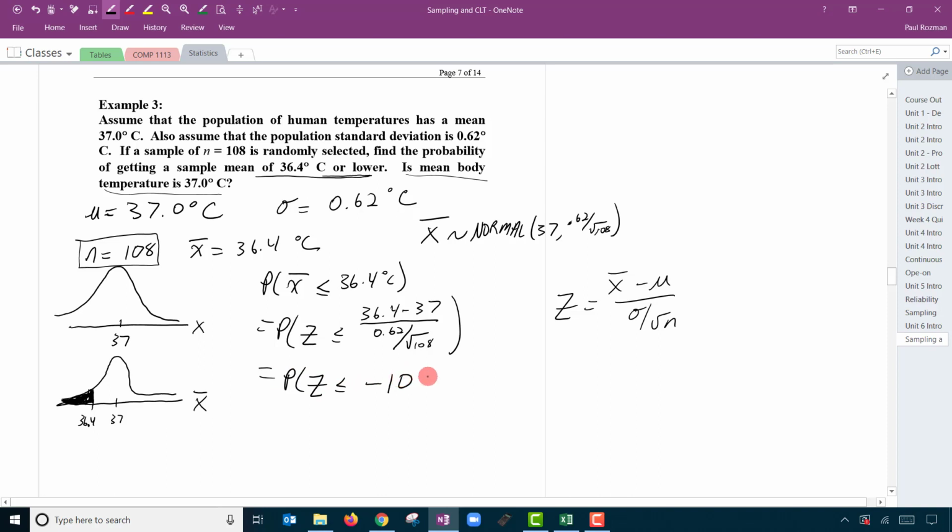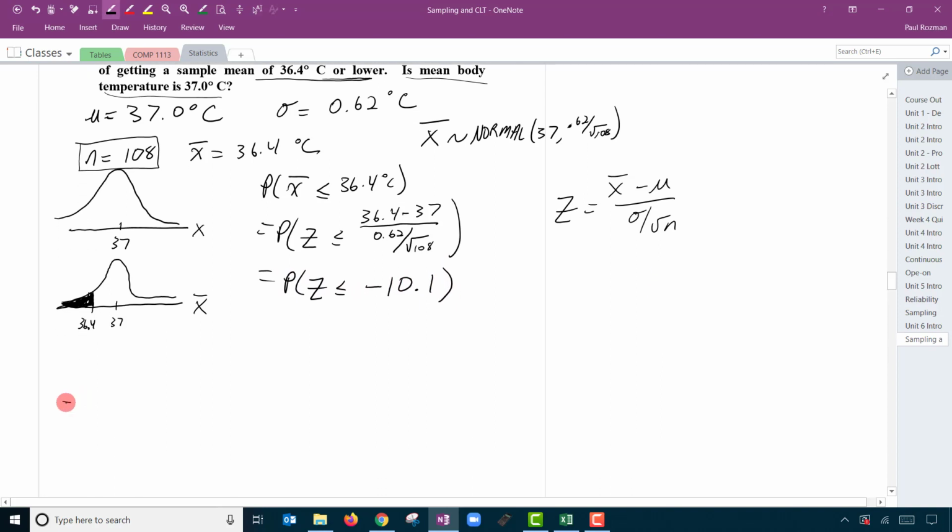This number turns out to be crazy, crazy small. It's -10. Remember how z-scores work, 1, 2, 3, and you pretty much have all the data. -1, -2, -3.